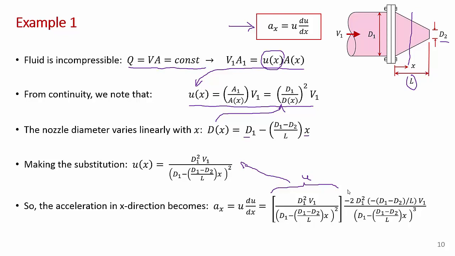And now this term here is du/dx, right? So let's just check that derivative. Keep in mind that x appears on the bottom, so that exponent there is minus 2. So when we take the derivative, we're going to have minus 2 times the entire expression here. You can see it, minus 2 d1 squared v1 is over on this side.